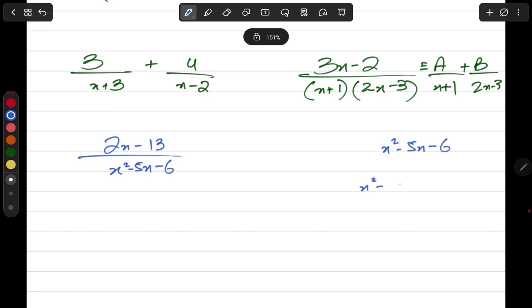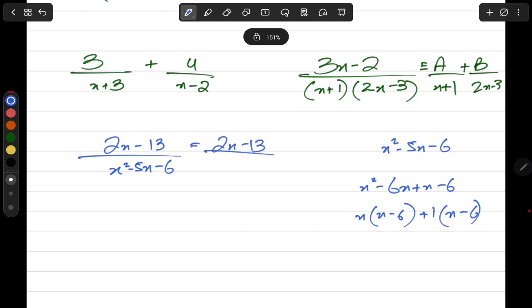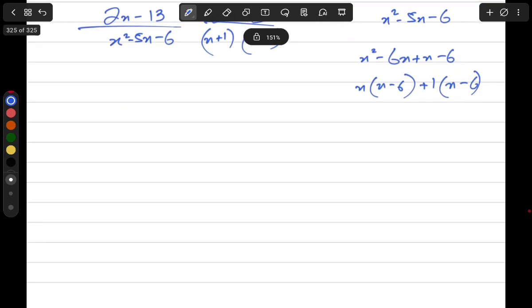So this is going to be x squared minus 6x plus x minus 6, which becomes (x minus 6)(x plus 1). So now we can rewrite it as (2x minus 13) over (x minus 6)(x plus 1), and then we can break it down into two fractions with linear factors in the denominator.